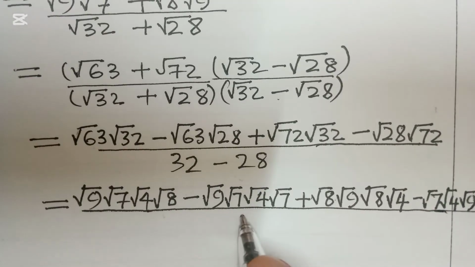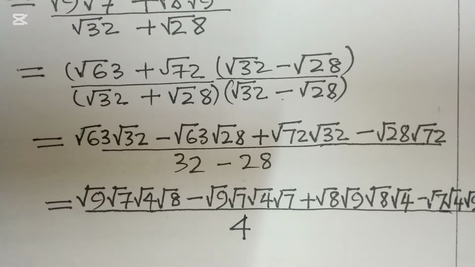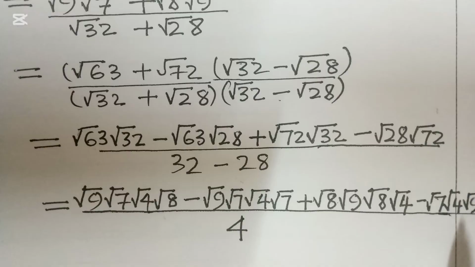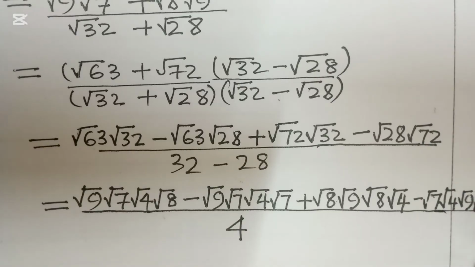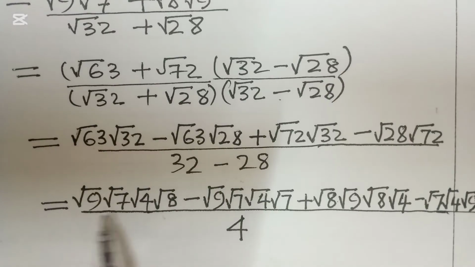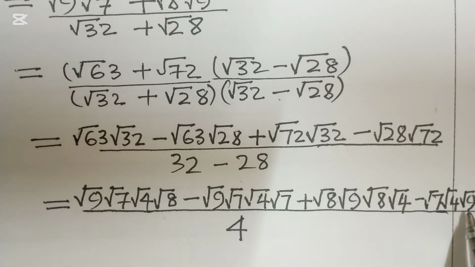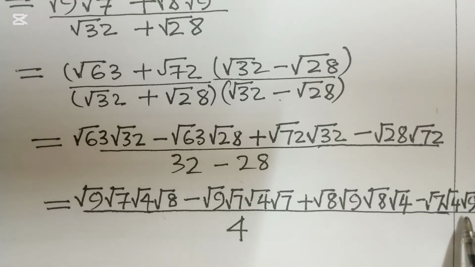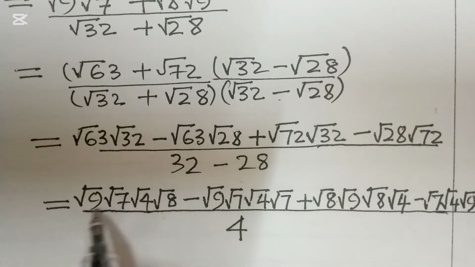Here, guys, we have 4. So let's look at the numbers and see those that are similar. For example, here we have 7, 4, 9, 8. Here we have 9, 7, 4, 8. And so this is similar to this. Because this is plus and this is minus, this one can cancel.